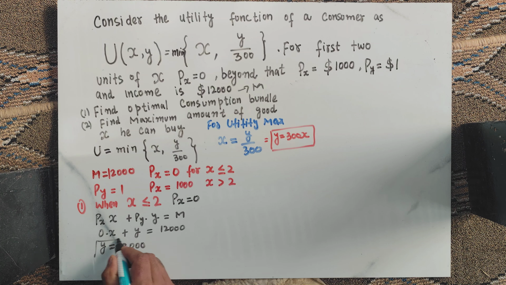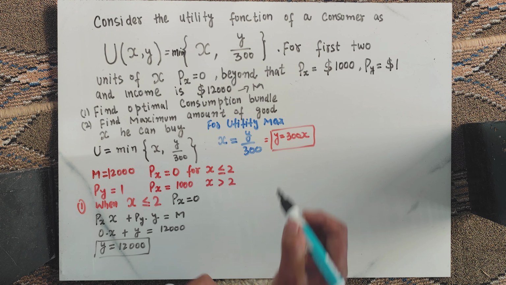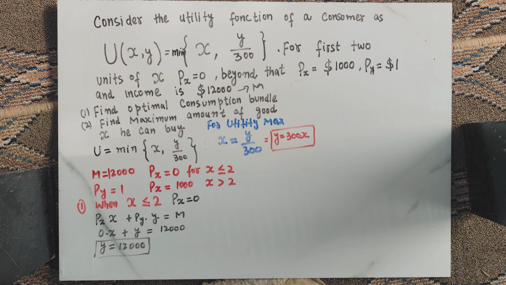Now what will we do? We plug this optimal condition in this equation. In place of y we put 300x, so 300x is equal to 12,000, or x will be equal to 12,000 upon 300, which is equal to 40.